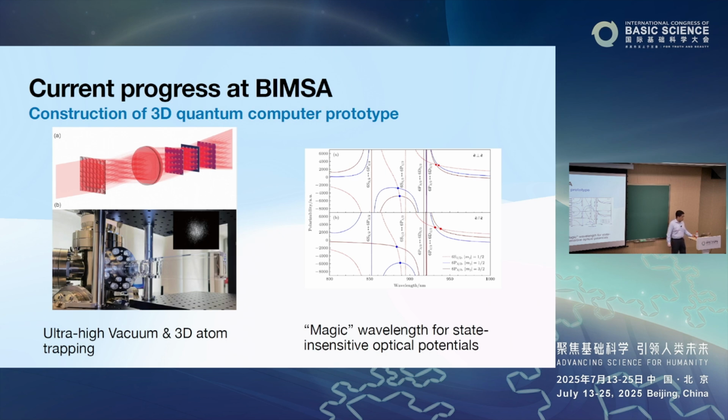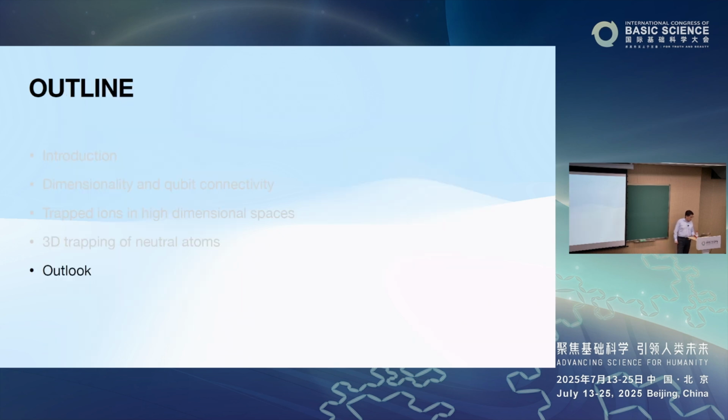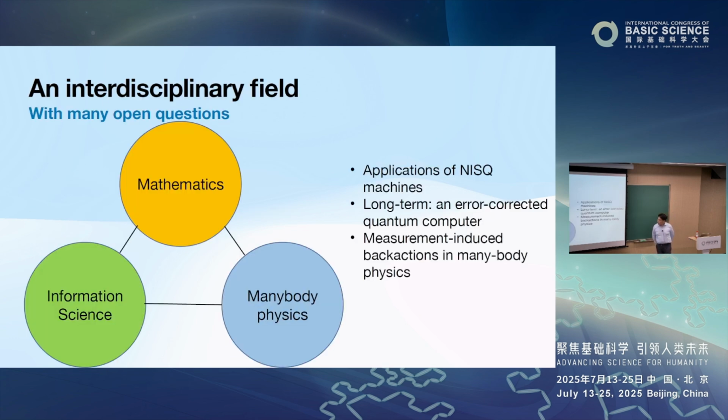Okay, with this, I will provide a brief outlook. We are in this exciting era, in a truly interdisciplinary field with many open questions. We have the intersection of mathematics, information science, and many-body physics.